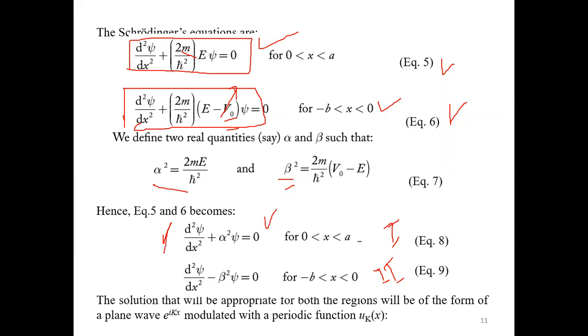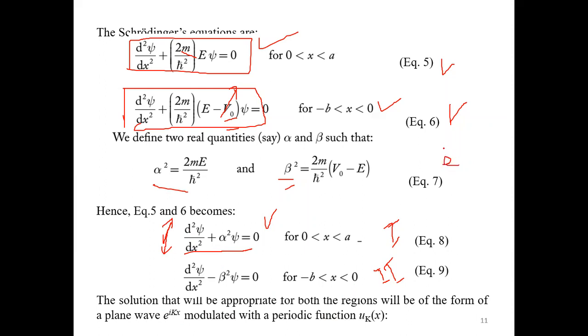Now these are the differential equations. In your mathematics class, you have learned how to solve a differential equation. For solving a differential equation, we choose a trial solution. As the electrons are moving in simple harmonic motion, as I said earlier, the simple solution will be a plane wave, which is e to the power ikx.